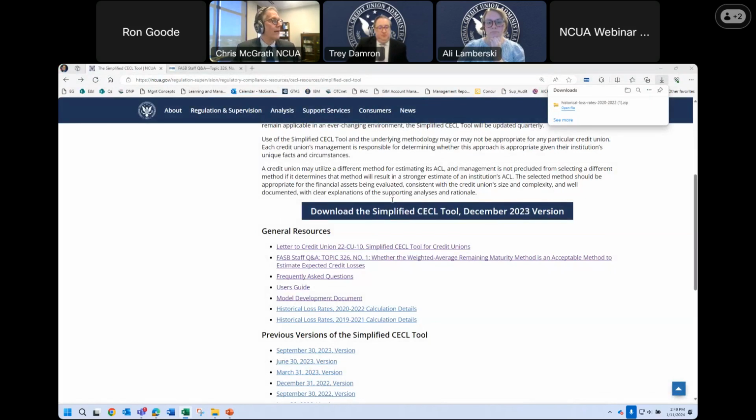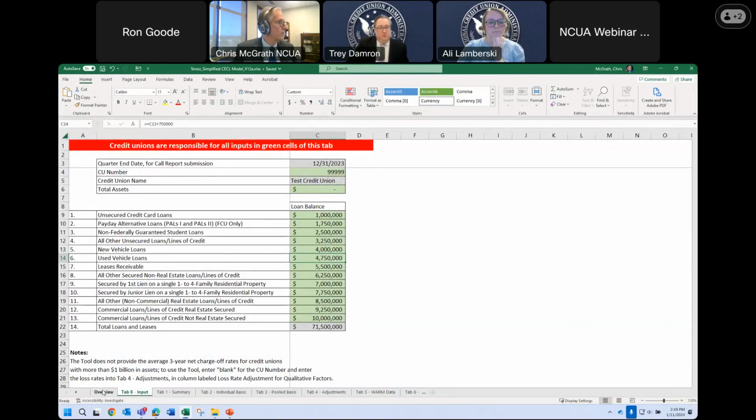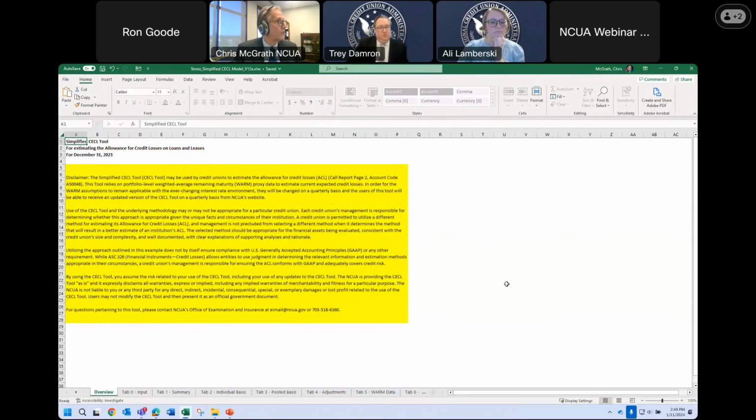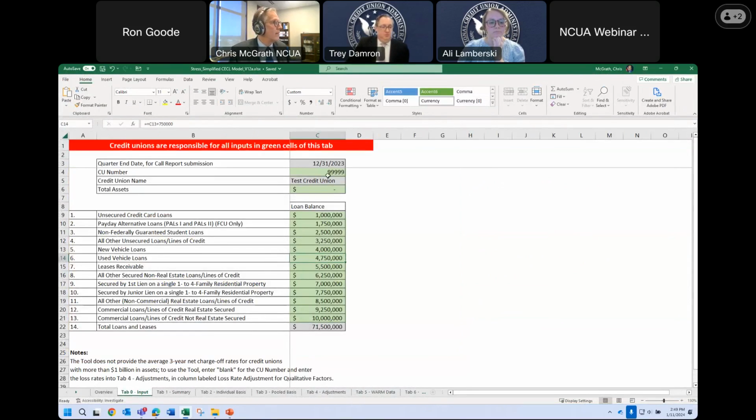To help you learn about the tool, now, by downloading the tool, you hit the file, and then you can click and open it up. I've already updated this tool and put in some dummy data so that we can play around with it. So if you're a credit union, download the tool, and in tab 0, you enter your charter number.